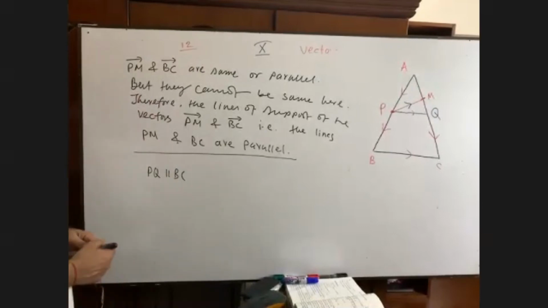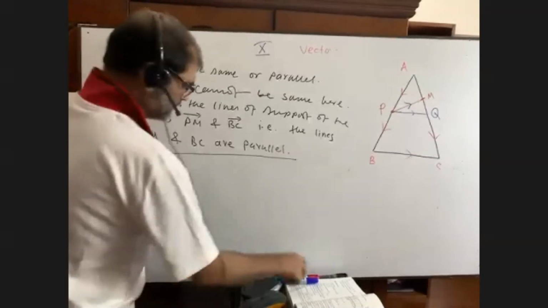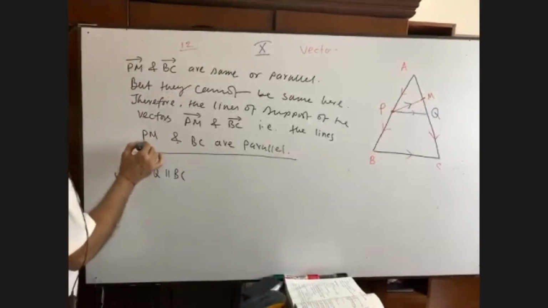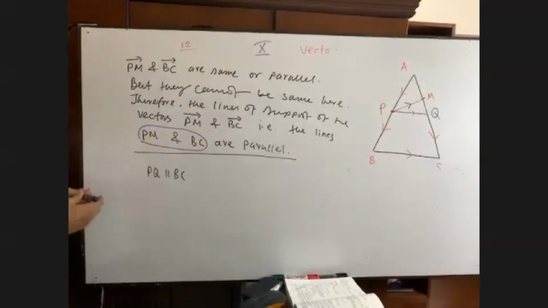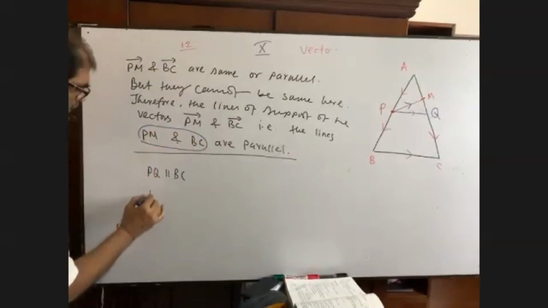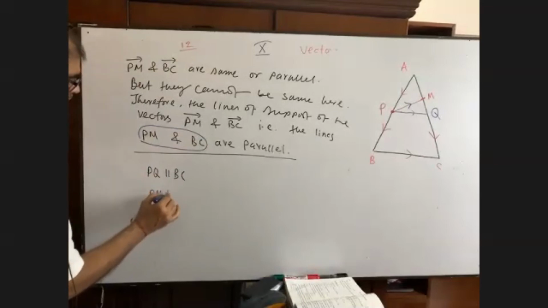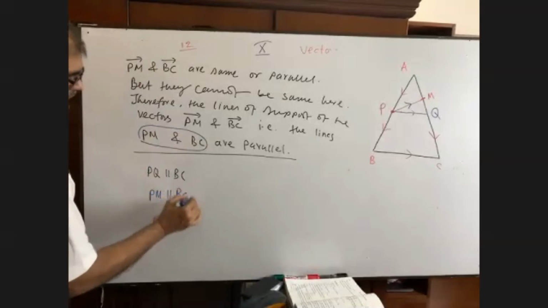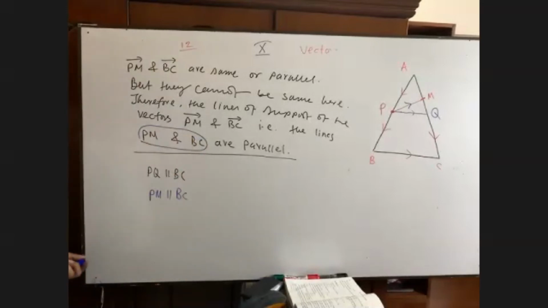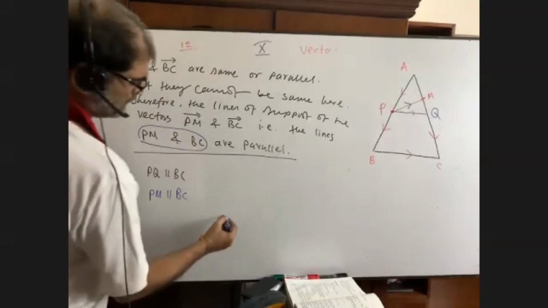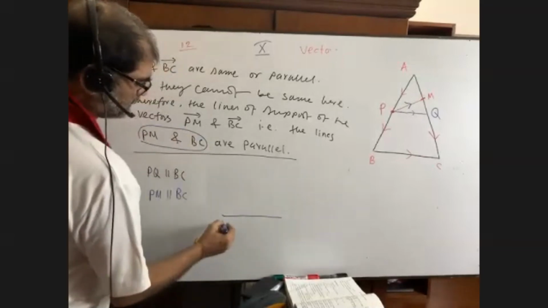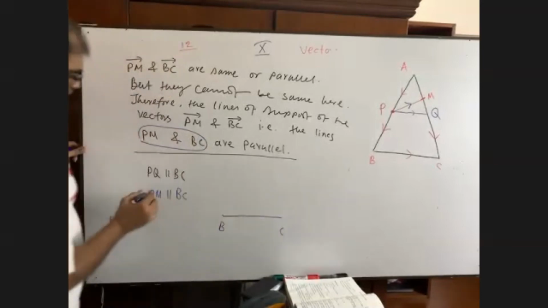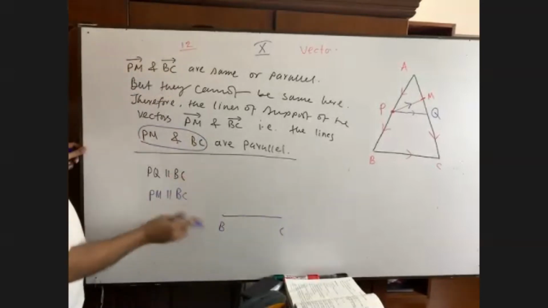But what we have proved today, now PM parallel BC. We have proved now PM parallel to BC. Is it possible? Suppose it is BC. It is same BC, okay?